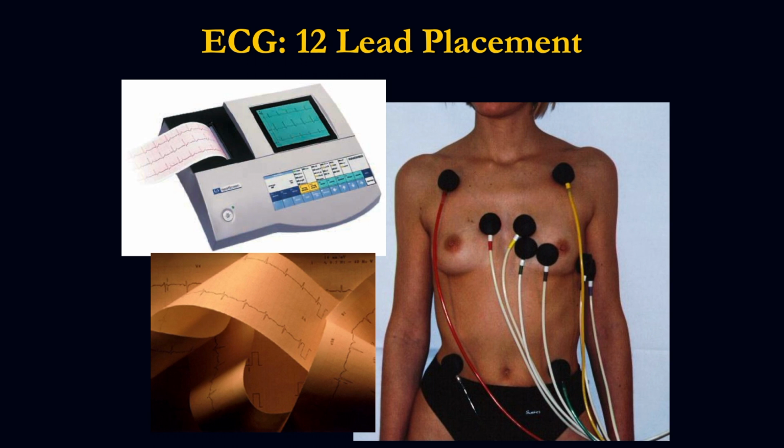I would also like to mention that in the picture on the right, you see the placement of the electrodes for exercise. Remember, when we were talking about the electrodes earlier, we were talking about right arm, left arm, etc. And those are typically in a resting EKG done at the wrist and the ankles. But during exercise, you obviously can't have electrodes placed on your moving limbs because you'd trip or rip the wires out from the machine.